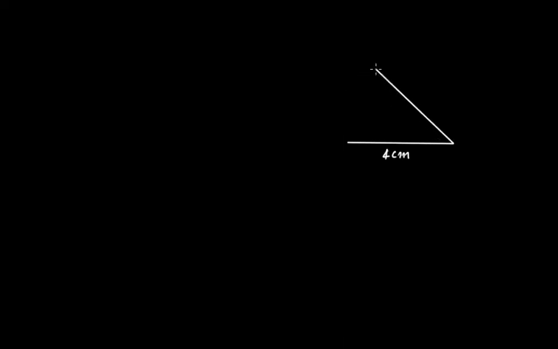So I don't know whether it's an acute angle, a right angle, or an obtuse angle. I can't tell. Your friend says that's fine. So 4 cm is given to you, 5 cm has also been told to you.